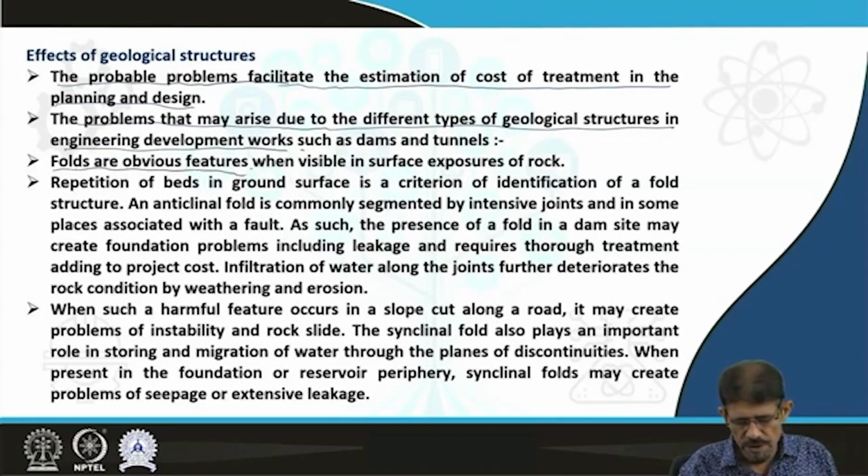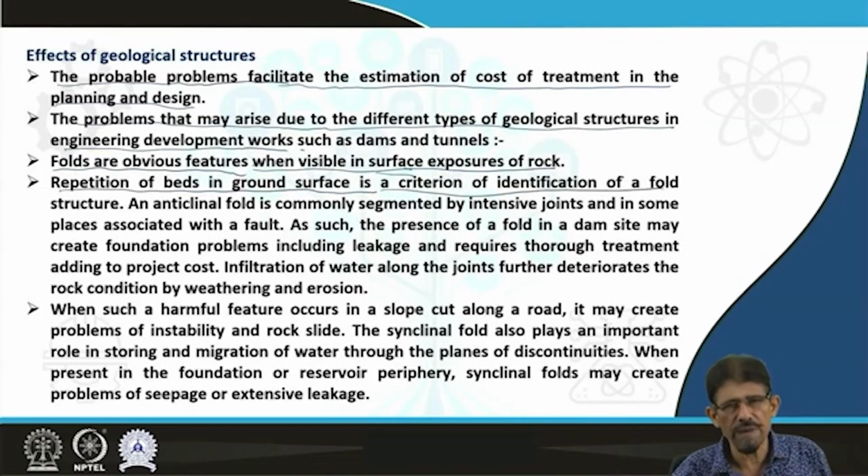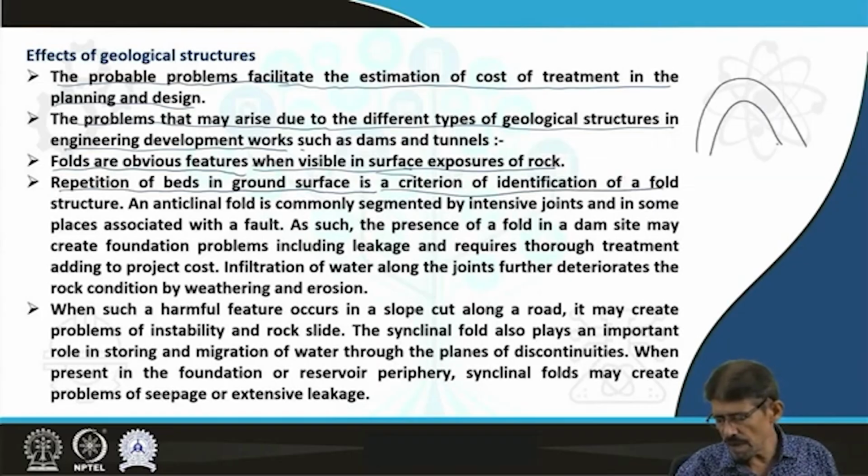Faults are obvious features when visible in surface exposure of rocks. We have varieties of faults, and generally we are going to encounter faults and folds in the field. Particularly in folds, the repetition of beds in the ground surface is a criterion for identification. Here you can see this type of fold.